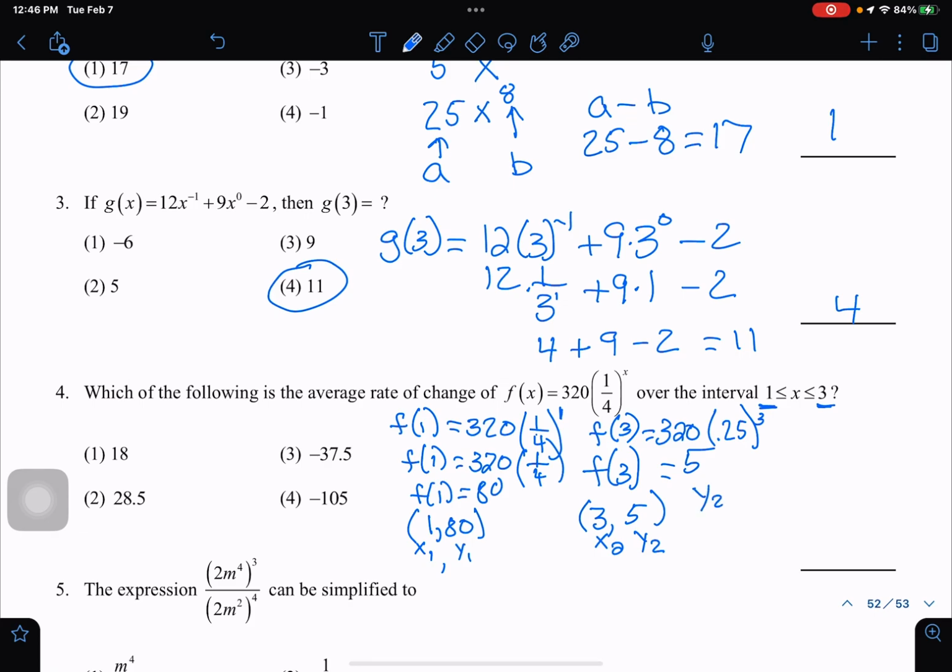So now it's y2 minus y1 over x2 minus x1. All right, so this is 5 minus 80 over 3 minus 1, which is negative 75 over 2, which is negative 37.5. I'm sorry, 37.5. All right, so that's choice number 3.